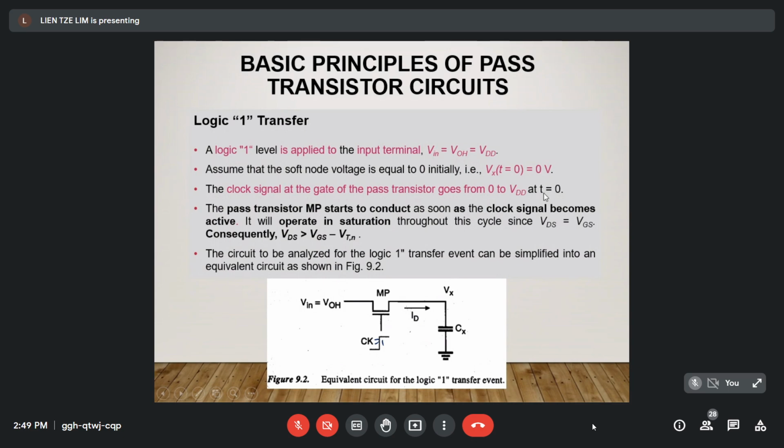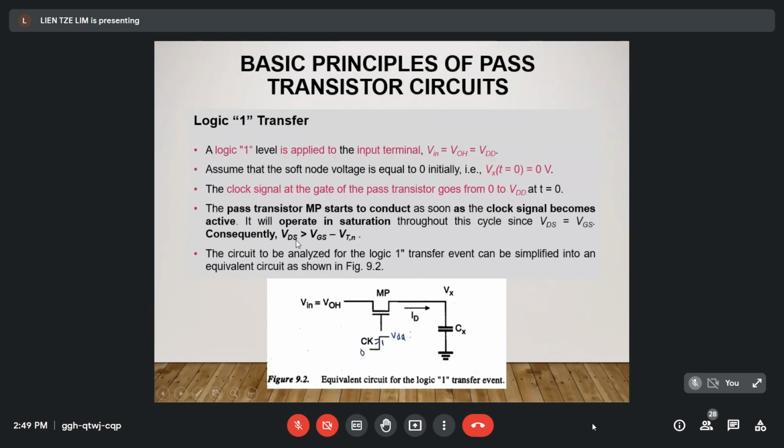At the time when the circuit starts to operate, the clock gate will increase from 0 to VDD. The pass transistor MP starts to conduct as soon as the clock signal becomes active. It will operate in saturation throughout since VDS equals VGS.